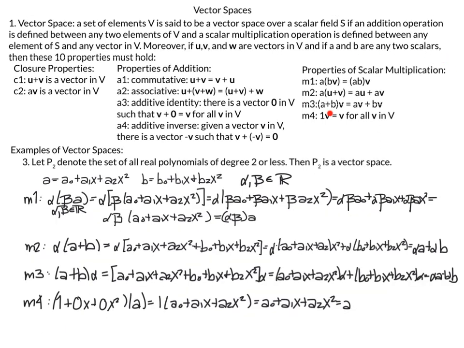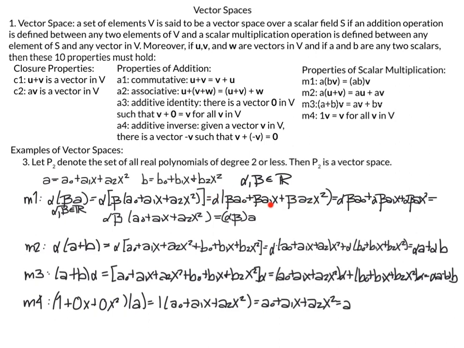Next, I need to show my properties of scalar multiplication. If I have a scalar alpha times beta times our vector, that's equal to alpha beta times the vector. So I have a scalar alpha times a scalar beta times a polynomial. When I multiply, just by using scalar multiplication of polynomials, I get beta a naught plus beta a1x plus beta a2x squared.